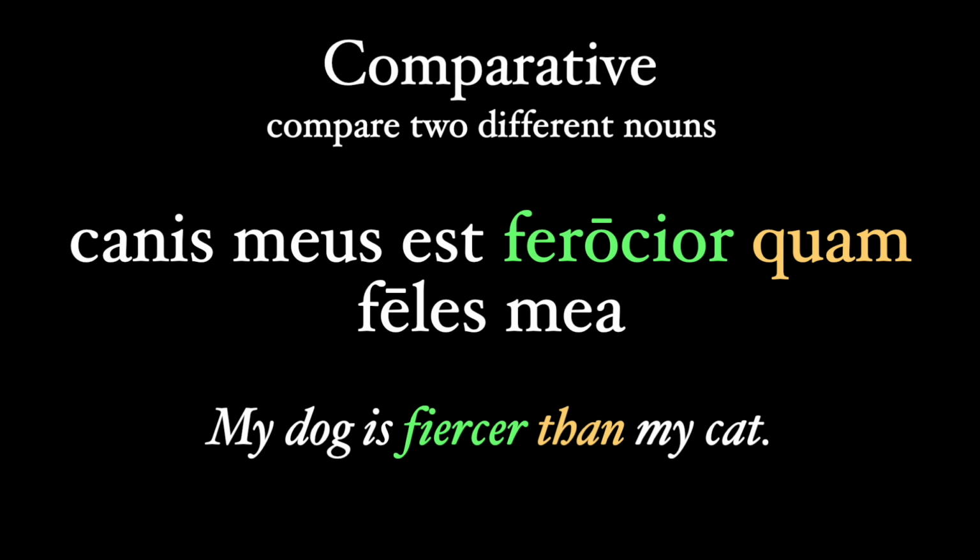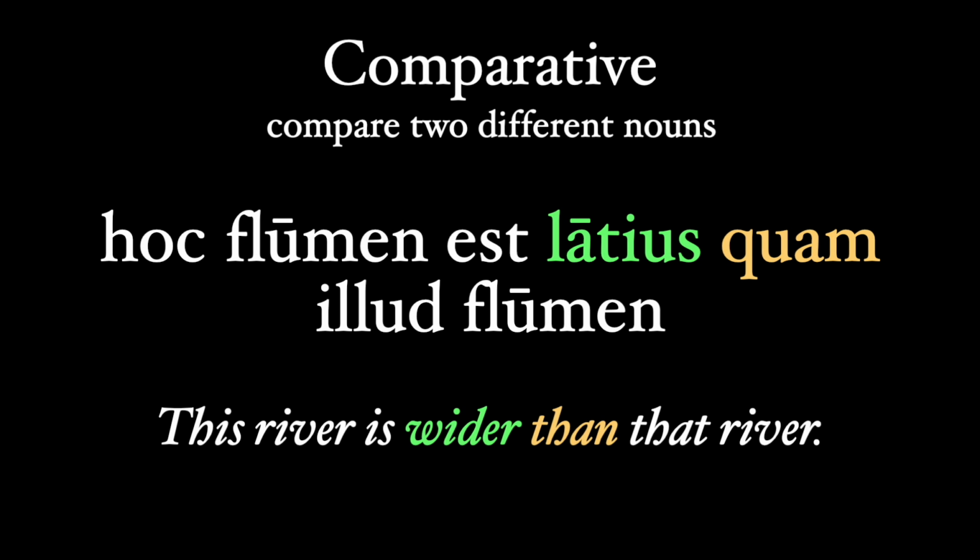Canis meus est ferocior quam feles mea. My dog is fiercer than my cat. Hoc flumen est latius quam illud flumen. This river is wider than that river. Notice that we use latius here because flumen is in the neuter gender.